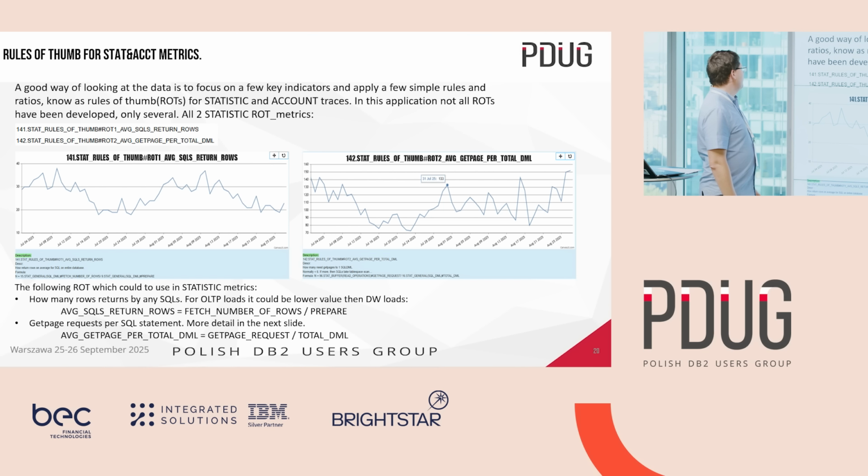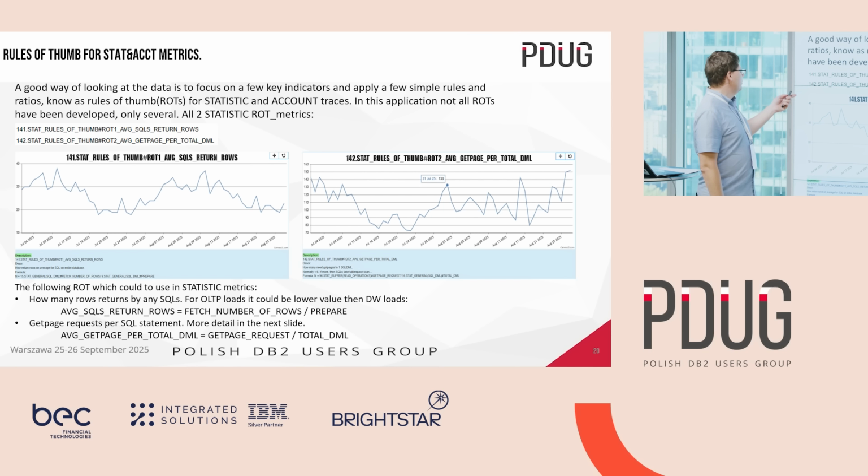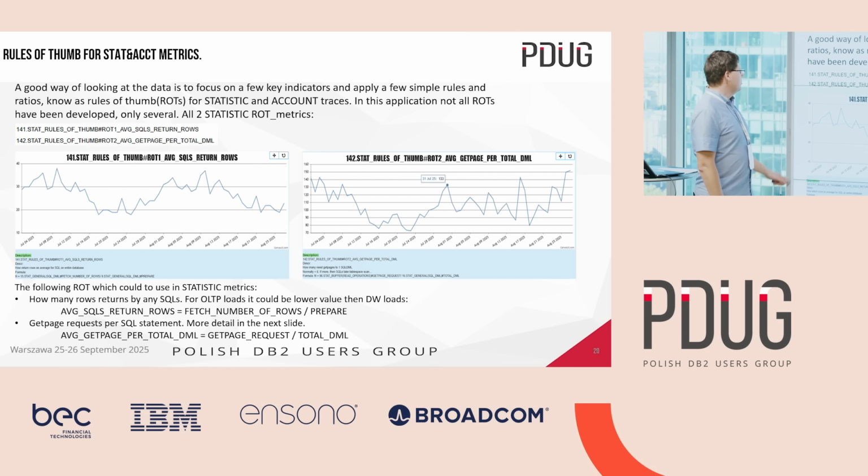Also, a good way of looking at the data is to focus on a few key indicators and apply a few simple rules of thumb, known rules of thumb for statistics and accounting traces. In this application, not all rules of thumb have been developed, only several. In the statistics trace, I developed average SQL returned rows, average get page per return, average get page per total DML.